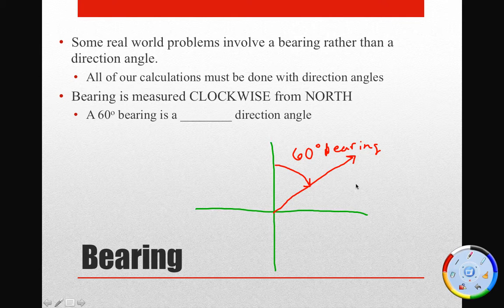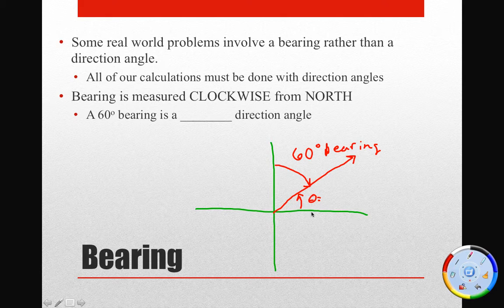When we do the math involved, there are ways we can use 60, but for the most part, we don't use the 60 degrees. What we do is we say this is the direction angle. So here's our theta. And theta in this case is going to be basically the complement.